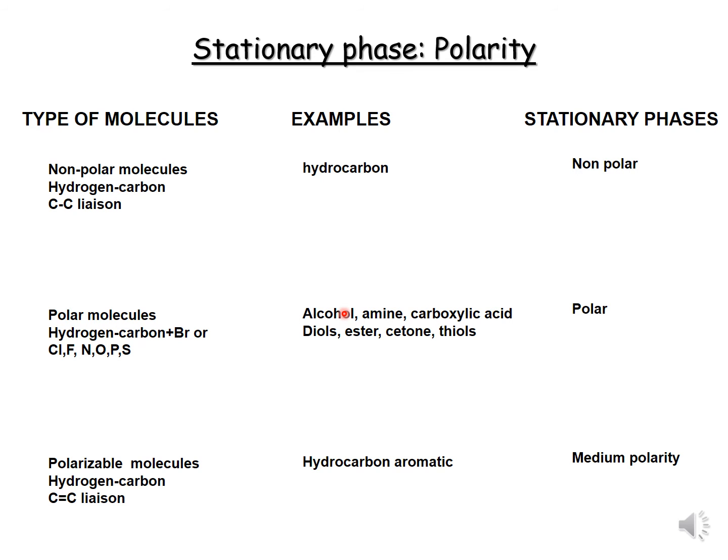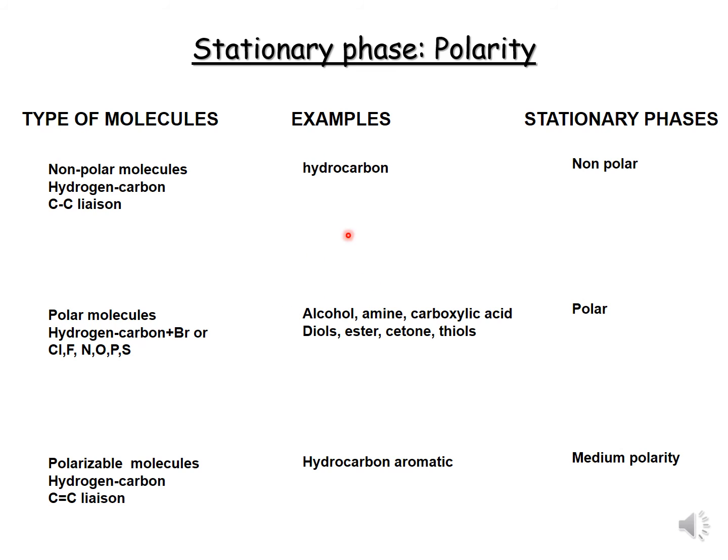For the other examples, such as alcohol, amine, carboxylic acid, diols, ester, ketone, thiols, these are polar molecules with hydrogen and carbon plus a bromide or a chloride. You also have some sulfur or oxygen, etc. This is polar, and if we want to separate these compounds, we have to use a polar stationary phase.